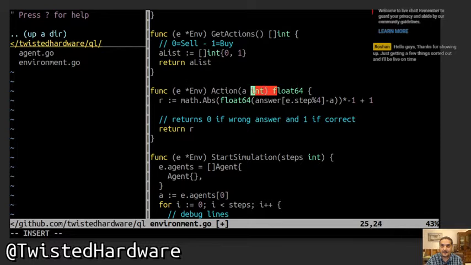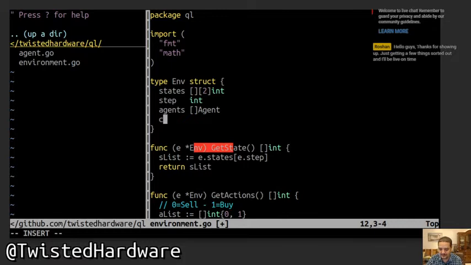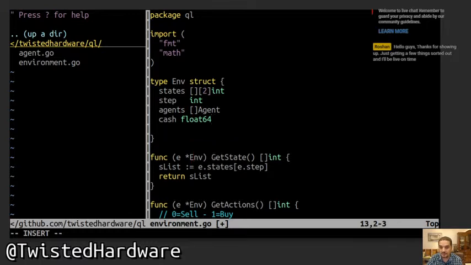Now once we receive an action, I have to do one last thing. I have to keep track of how much cash the agent has and how many stocks the agent has. So let me add these two things. I'll add cash, which is a float64, and I will also add stocks, or number of stocks.